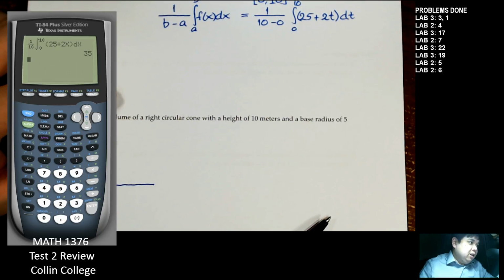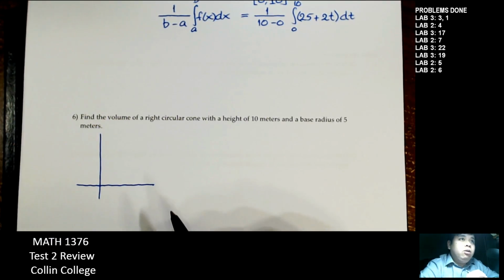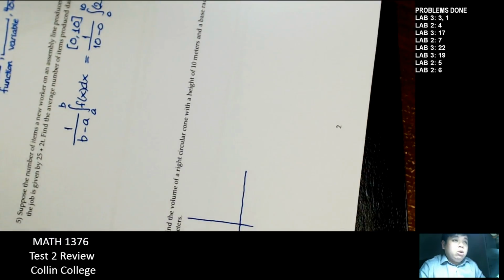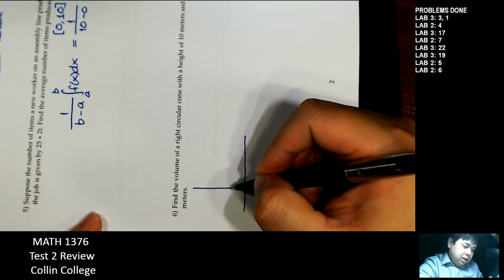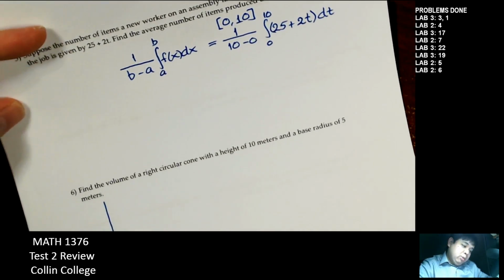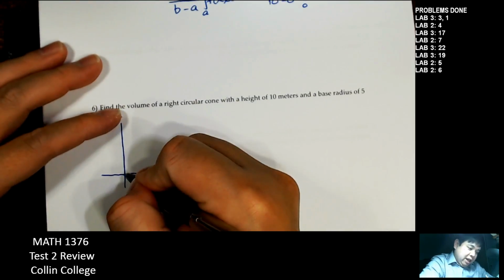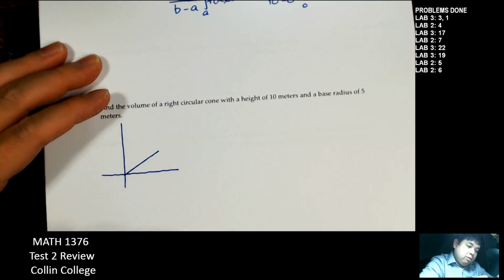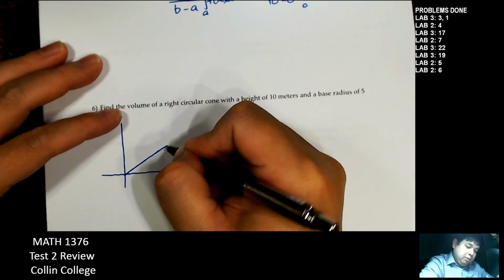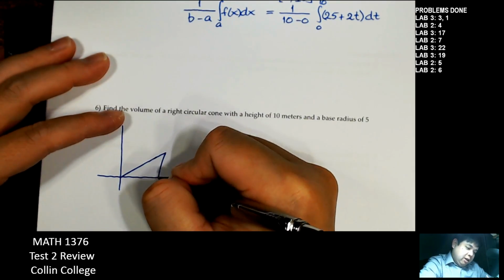We should look at the cone like this, but it would be much better if we rotate around and say the cone is kind of like this.